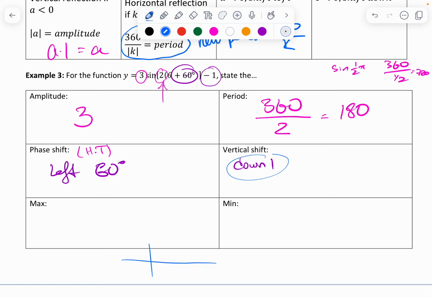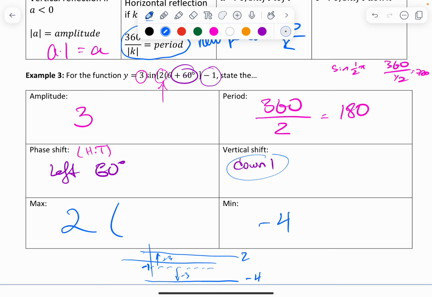Well, it's been shifted down 1, so my middle axis is at -1, and the amplitude is 3. From there, it goes up 3 and down 3. So the maximum is -1 plus 3, which is 2, and the minimum is -1 minus 3, which is -4. So the maximum is 2 and the minimum is -4.